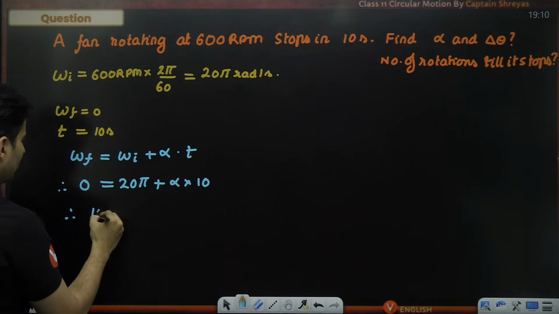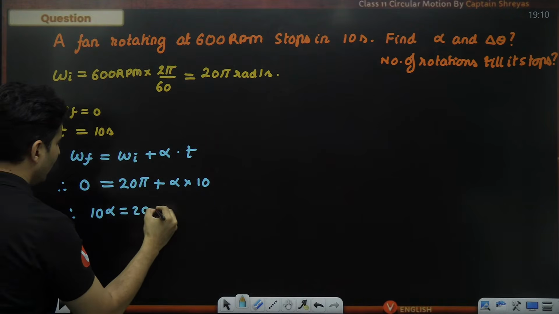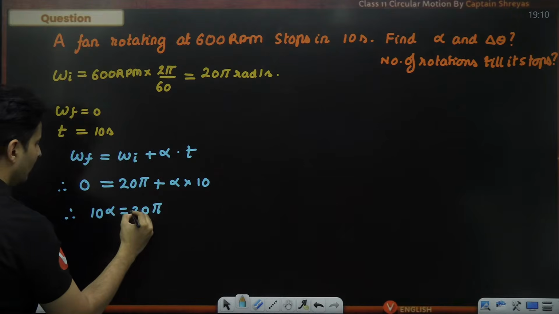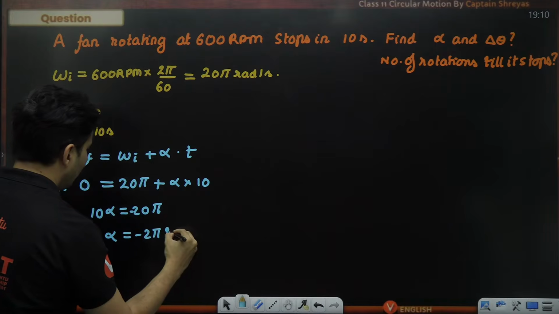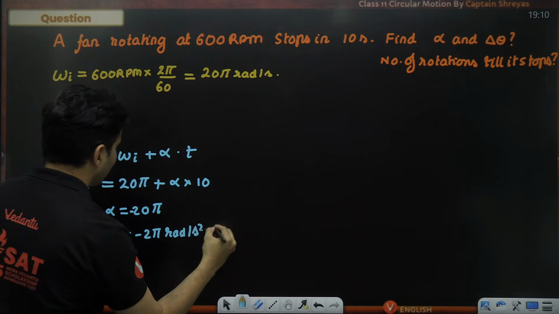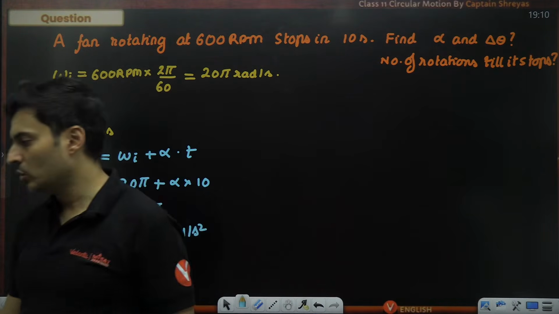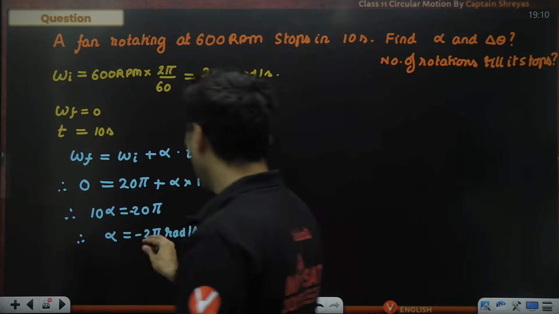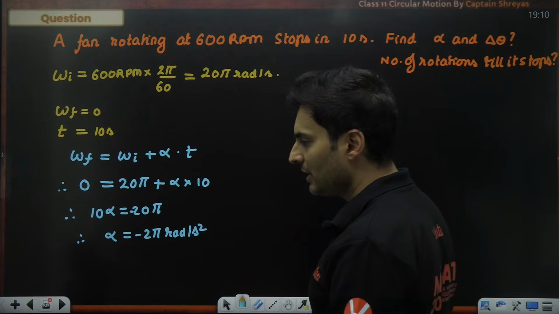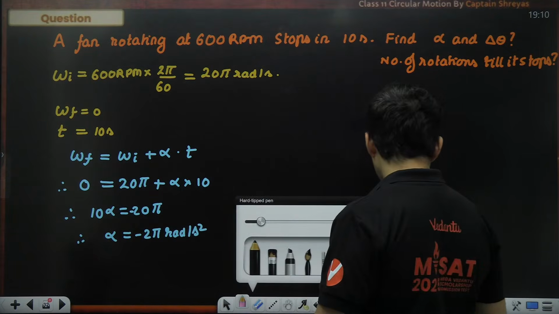So therefore, 10 alpha will be 20 pi, but this will be with a minus sign. Therefore, alpha will be minus 2 pi radian per second square. Is that absolutely clear? How we got alpha as minus 2 pi radians per second square? Great.